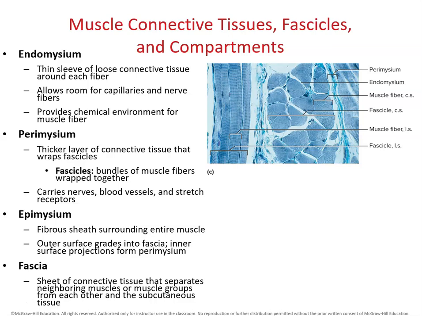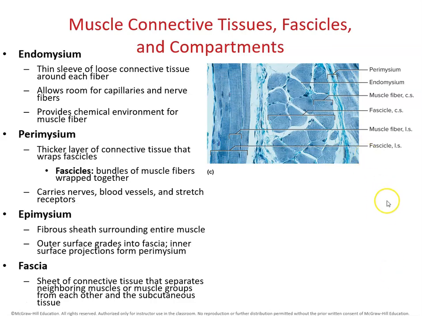Our next layer of connective tissue is the epimysium. The epimysium is the connective tissue that covers an entire muscle. So your epimysium might cover your entire biceps brachii, for instance. The outer side of the epimysium is integrated with the fascia, and the inner side of the epimysium can kind of form with the perimysium.